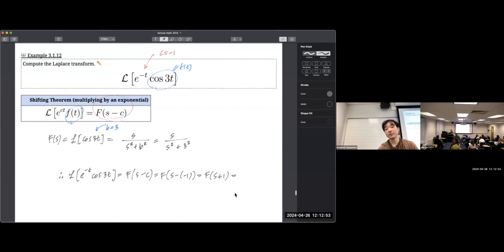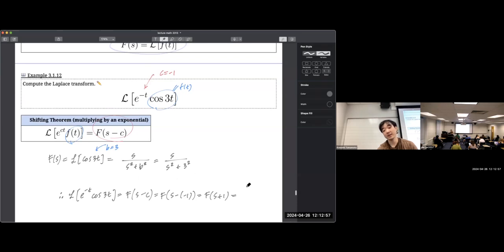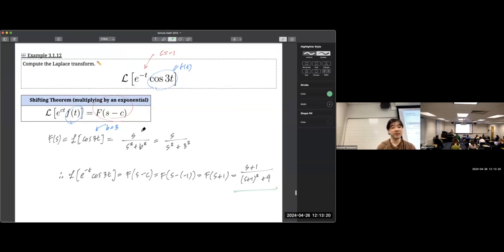So all the s's become s plus 1: this s up here becomes s plus 1, and this s down here becomes s plus 1 squared, plus 3 squared as well. So that's the Laplace transform of e to the -t cosine of 3t, just using the shift. You just compute the Laplace transform of cosine 3t and then apply the shift, observing what the c must have been.